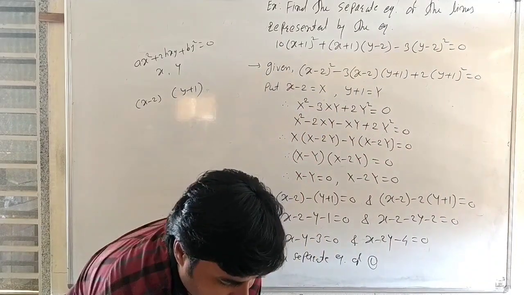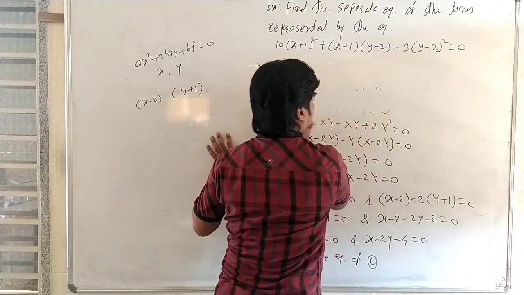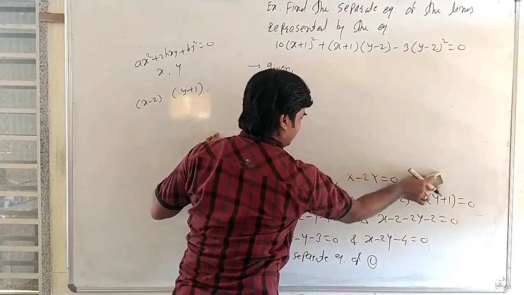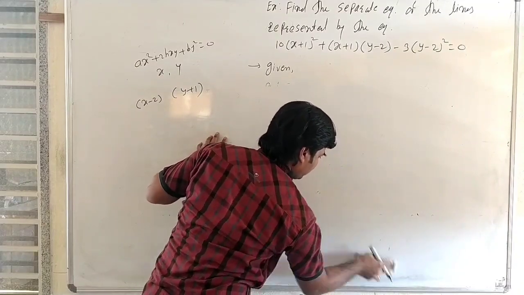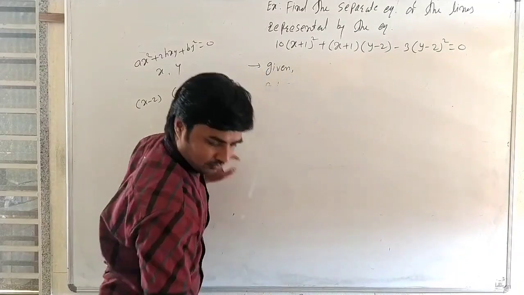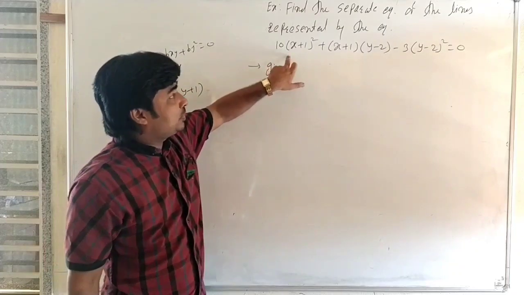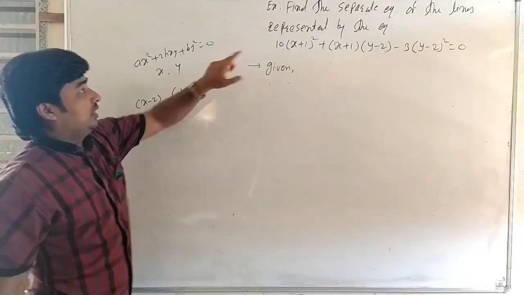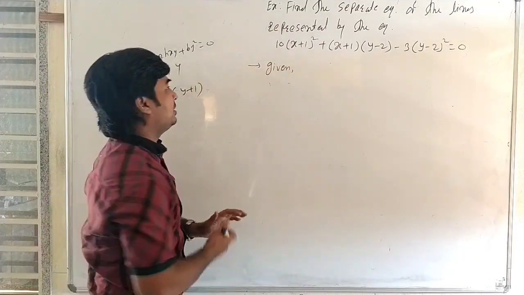Now here, it is a second degree homogeneous equation in x plus 1 and y minus 2. It is not a second degree homogeneous equation in x and y, but it is in x plus 1 and y minus 2.